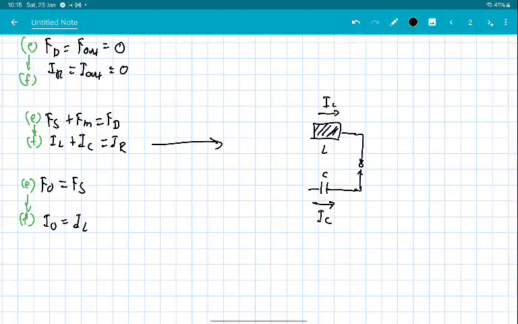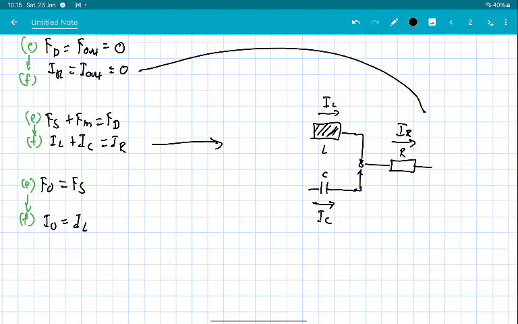They combine together and they go to an R. So we say IR, and we don't know where this goes to. But we know here that IR equals I out. So we know this will be our free end. So we draw this, and this goes like this, U out.